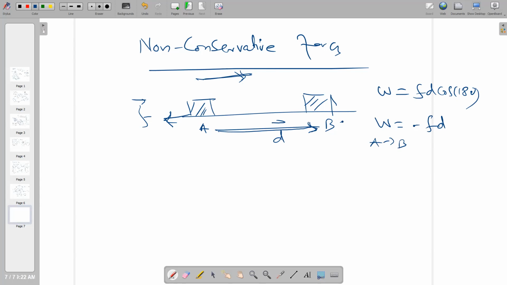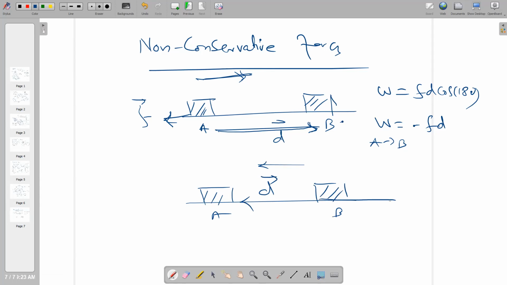Now we want to find the work done from B to A. You can see that this is A and this is B. It is moving in this way, so the direction of the displacement is this way, but the frictional force is in this way.